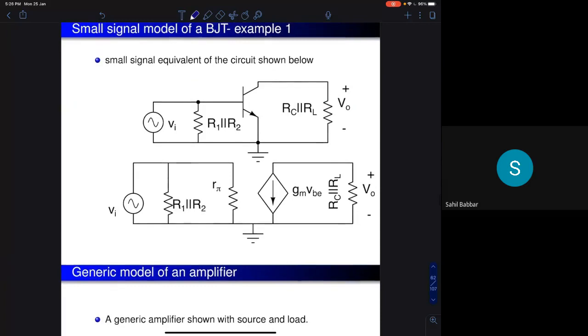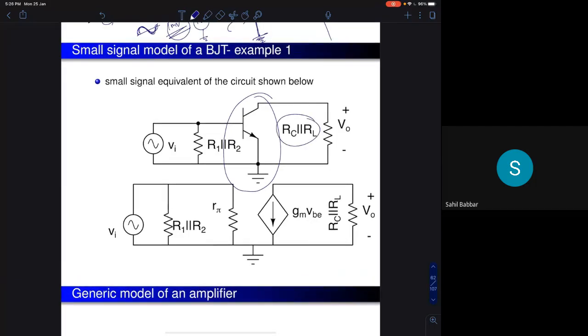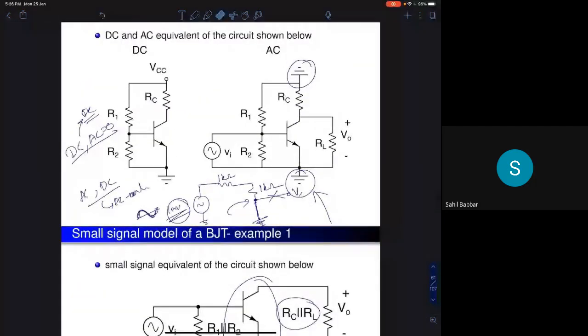Once you draw the AC equivalent, replace the BJT with the small signal model. So now look at this. I have written RC parallel RL. That's because this is one node of RL, the other node of RL is at ground, the other node of RC is also at ground. So therefore RL and RC will be in parallel. The two nodes are the same for the devices, right?